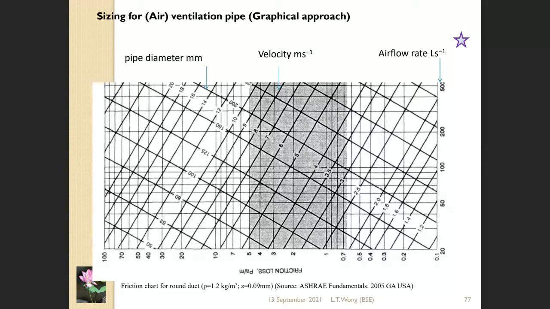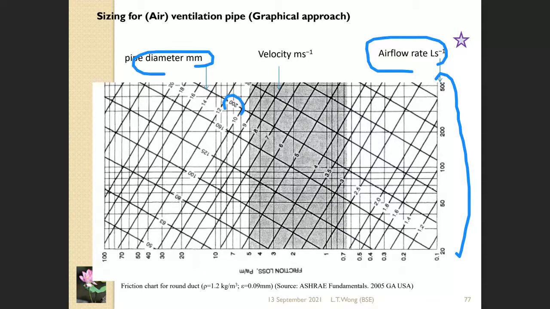Now in the graph shown here, on this axis we're talking about the air flow rate, and we also have the pipe diameter here, and also the frictional loss, which is a pressure gradient. All right, so we have the relationship over there.